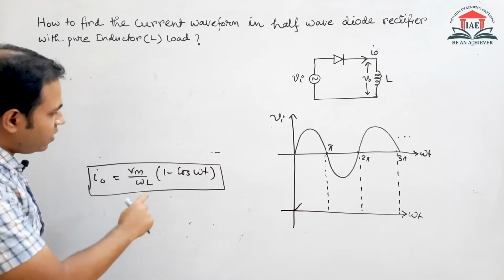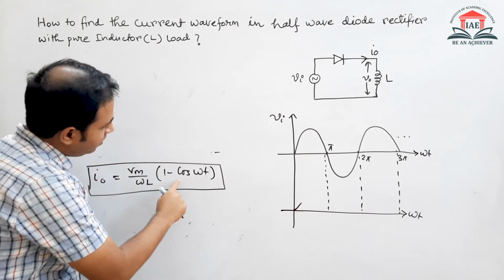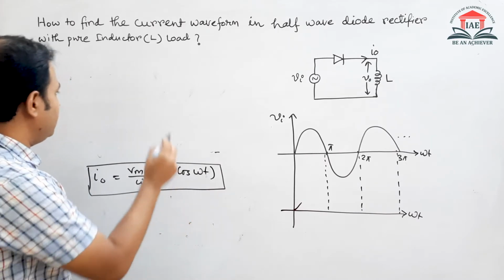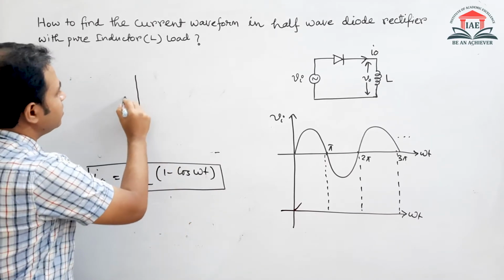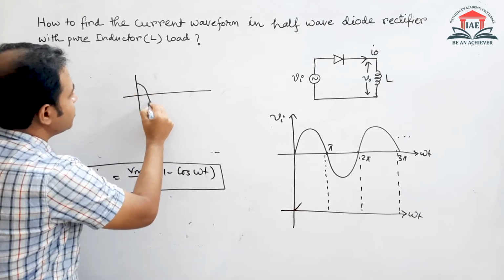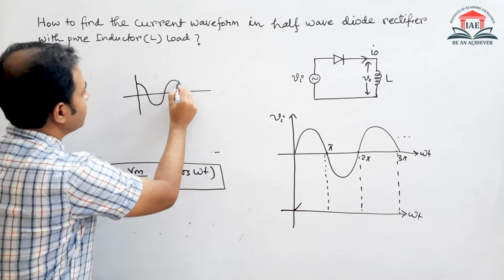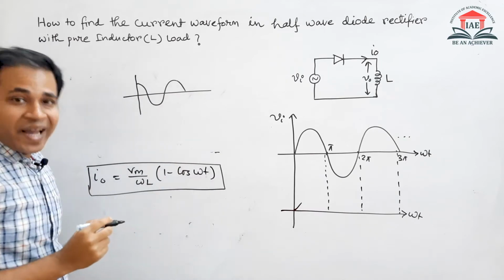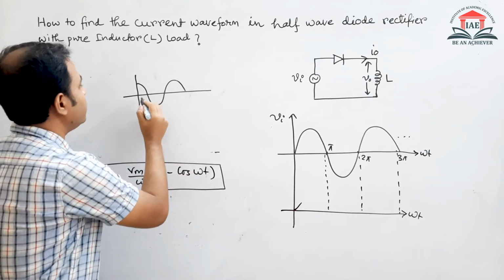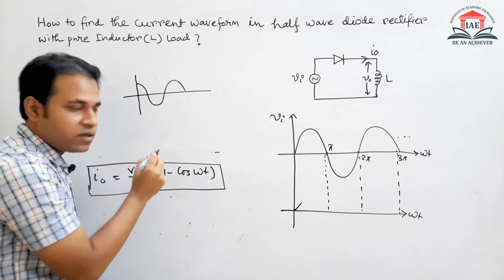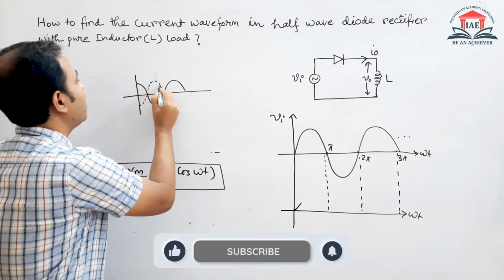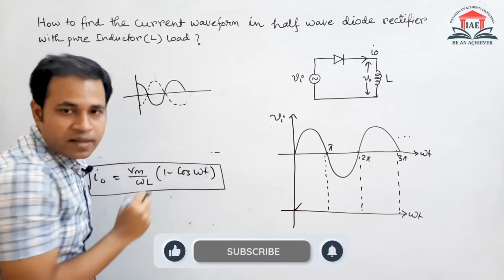So let us find out first what will be the waveform for minus cos omega t. Just by simply drawing here, we can see that this is the expression of cos omega t. Now the minus cos omega t we need here, so the minus cos omega t will be just the reverse of it. It will be like this.